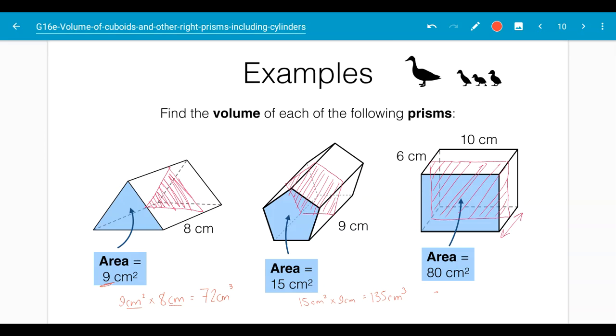So the 80 centimeters squared is the blue rectangle multiplied by the 6 centimeters, and that gets us 480 centimeters squared. So rule of thumb, find the area of the cross section that goes all the way through the shape, and then multiply by the length.